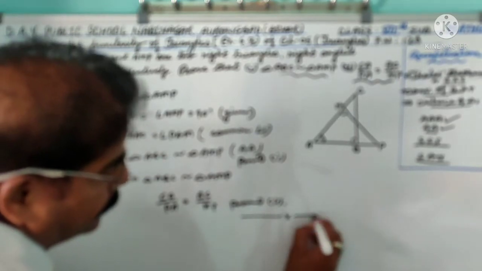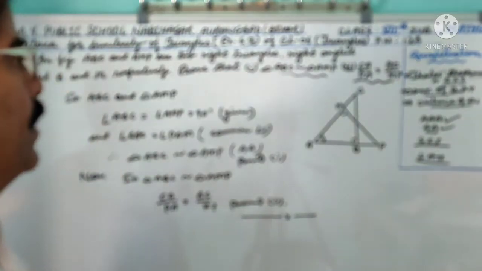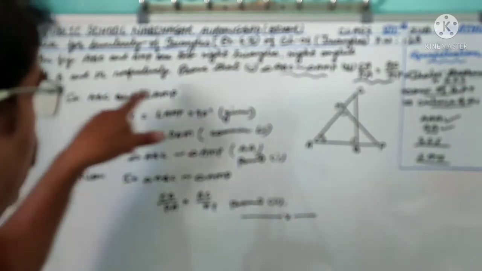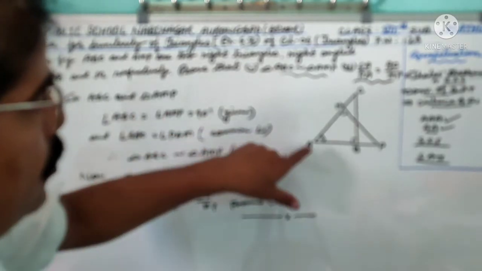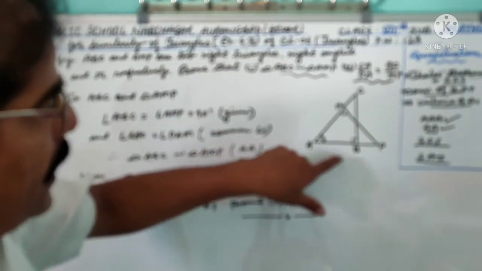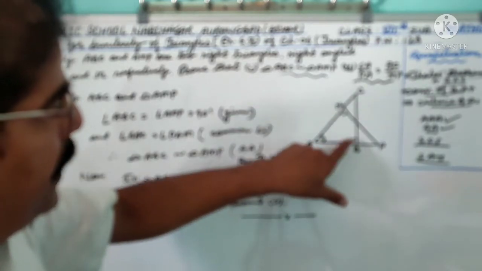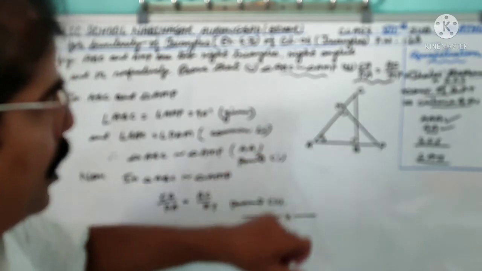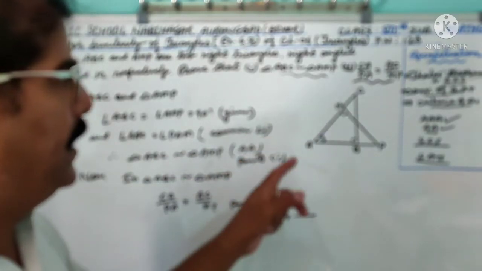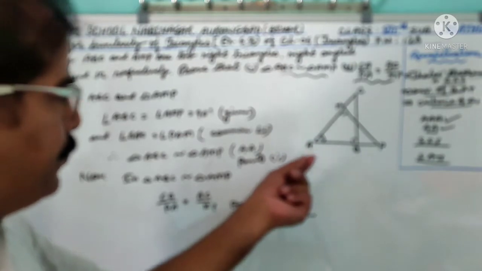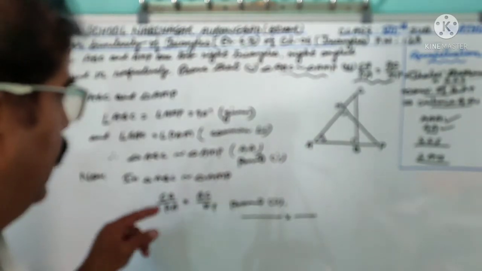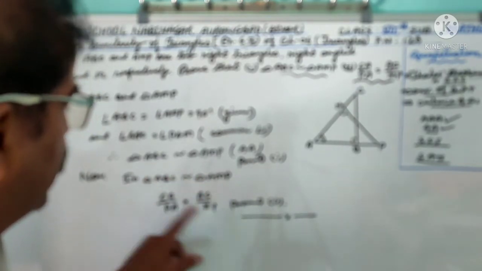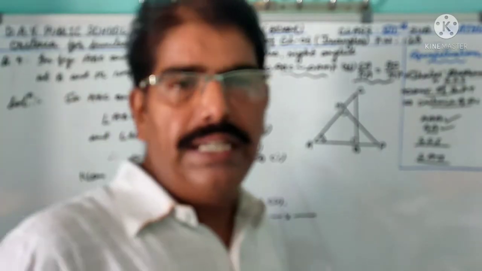So dear students, your solution of this question is such: first you compare the two triangles ABC and AMP. Angle ABC equals angle AMP equals 90 degrees and angle A equals angle A, common. So both triangles are similar by angle similarity. Now ABC is similar to AMP, so by the criteria of similarity of triangles, CA by PA equals BC by MP.